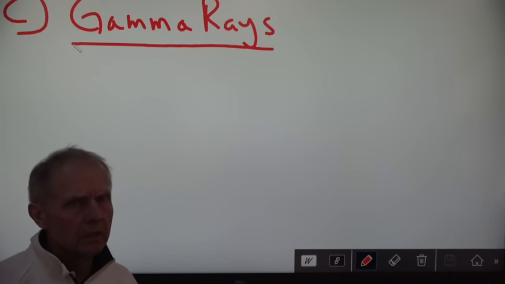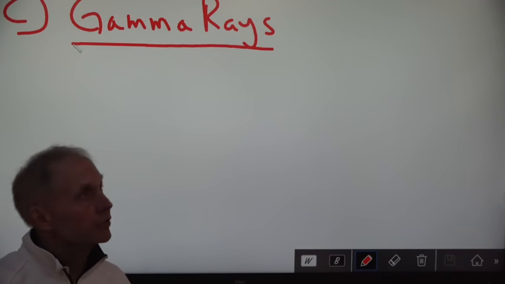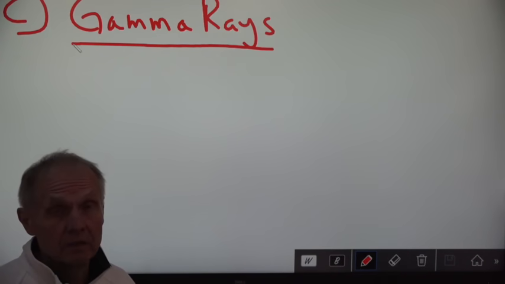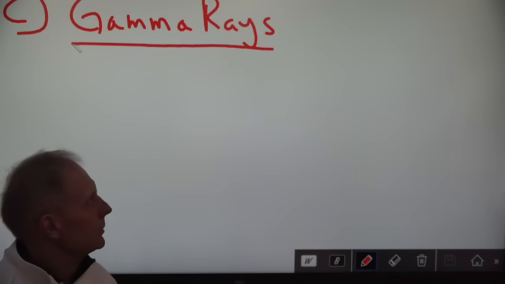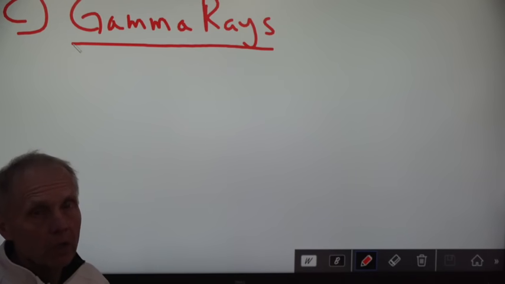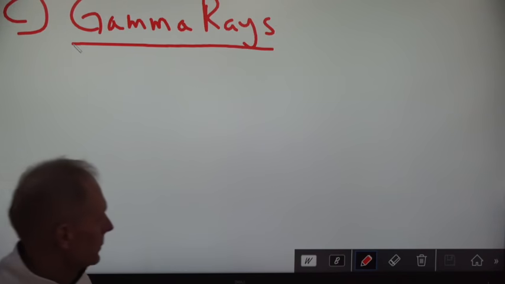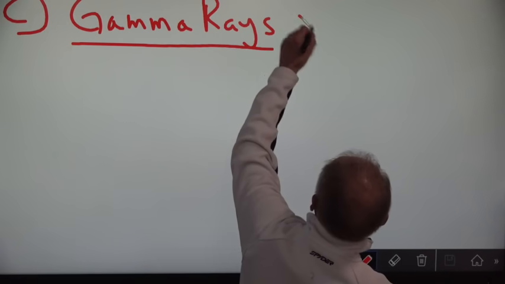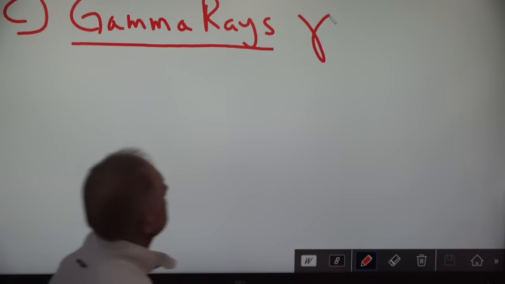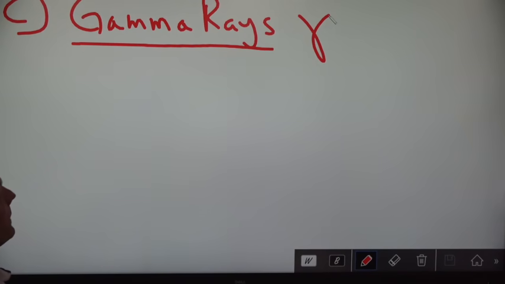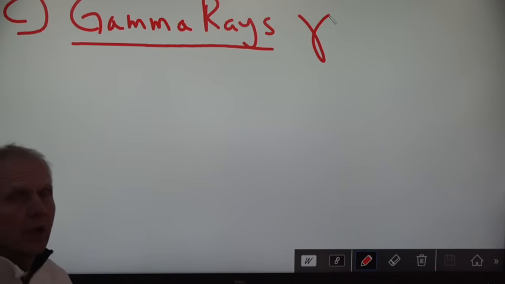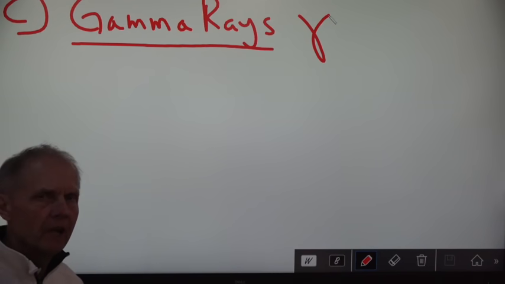Something weird here. Alpha and beta are particles, and this is a ray. So the symbol for a gamma ray is this. And gamma rays are way different than alpha and beta particles.